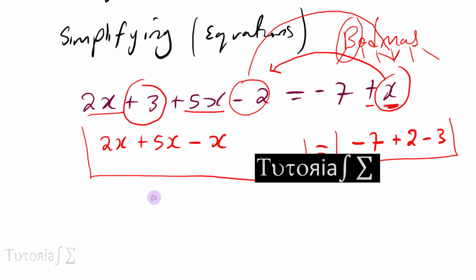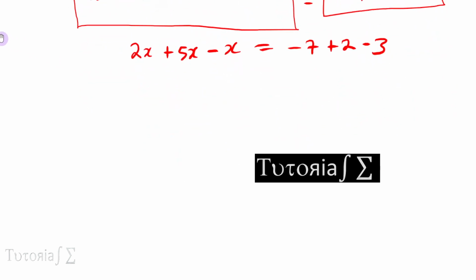We can write the equation as 2x plus 5x minus x is equal to negative 7 plus 2 minus 3. Now we can simplify. Since these all have x, we just get the numbers in front.